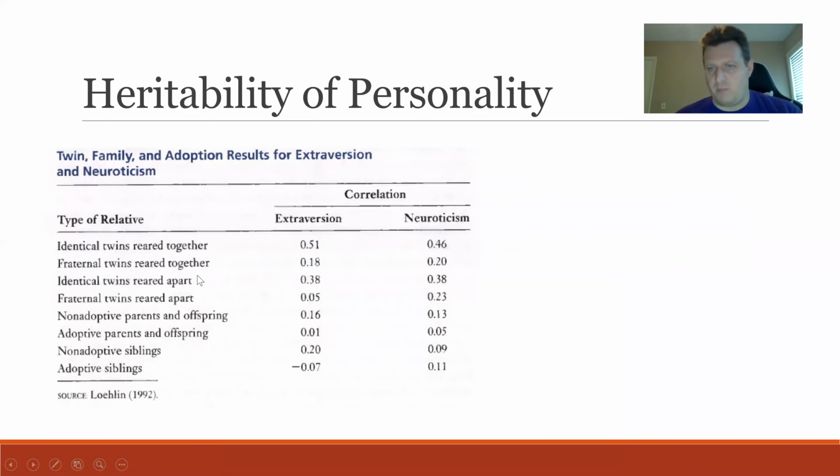Reared together, reared apart. They're both reared together in this situation. So we can see here that there's a massive dip in what these correlations are, which shows us that heritability has a very important role. Let's do a different comparison. Identical twins reared together versus identical twins reared apart.